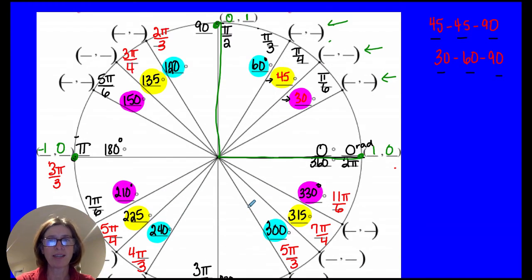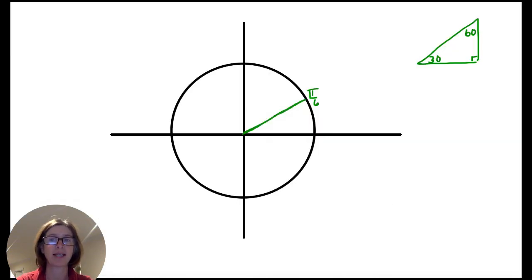Now we're going to focus on the 3 reference angles. Again, in class you should have learned where these came from. I'm going to do one of them, and then I'm going to give you the rest. I'm going to look at the pi over 6, or the 30-degree angle. In your class, you should have drawn in the radius of 1, created a right triangle, and called this x and this y.